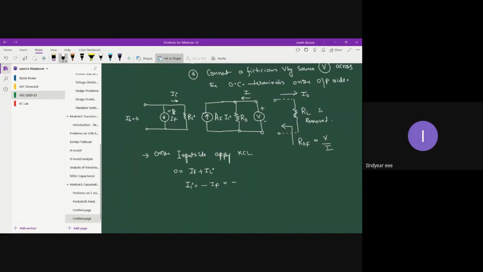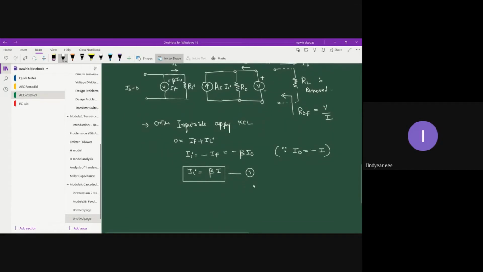We have already written, IF is beta times I0, so it is negative beta I0. But you know that I0 is equal to minus I, because I and I0 are flowing in opposite directions. So you can substitute I0 as negative I, and therefore you would get II is equal to positive beta I. Let's take this as equation 1. We will be needing this equation on the output side.